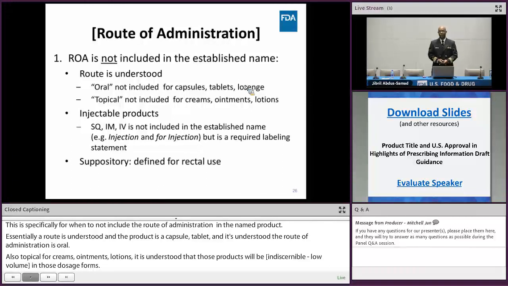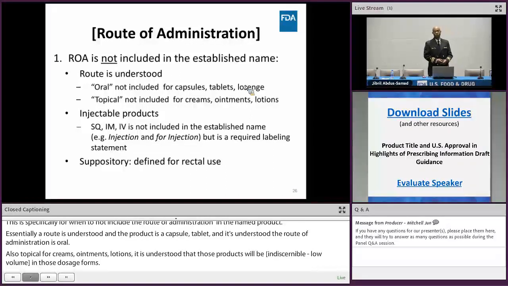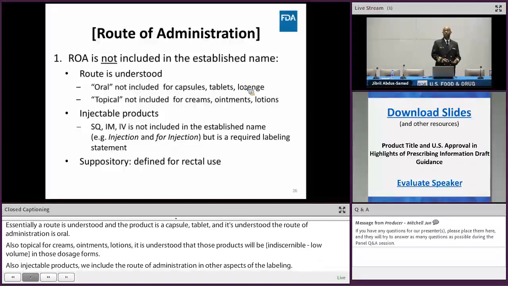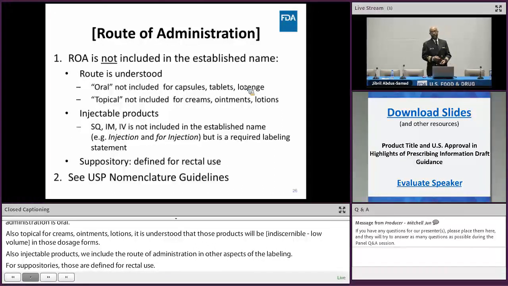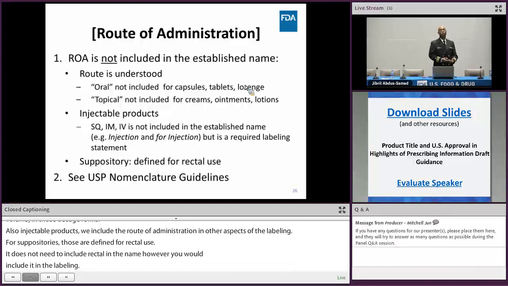And then for suppositories, those are defined for rectal use. So you don't need to include rectal in the name. However, you would include it in the labeling. And USP nomenclature guidelines has a section on this topic of when not to include the route of administration in the dosage form.